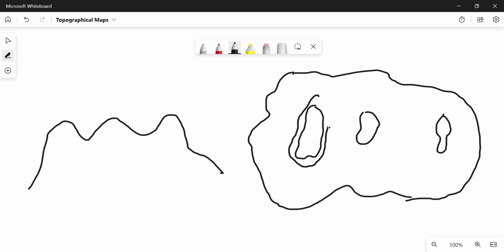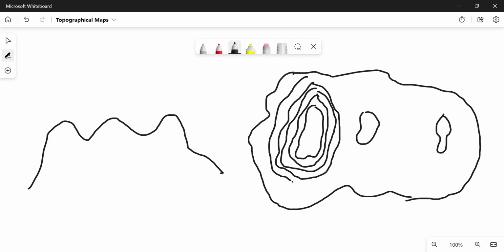Now let's make this. A ridge means not exactly a mountain; it means three mountains together or four mountains together, like that. That is called a ridge.